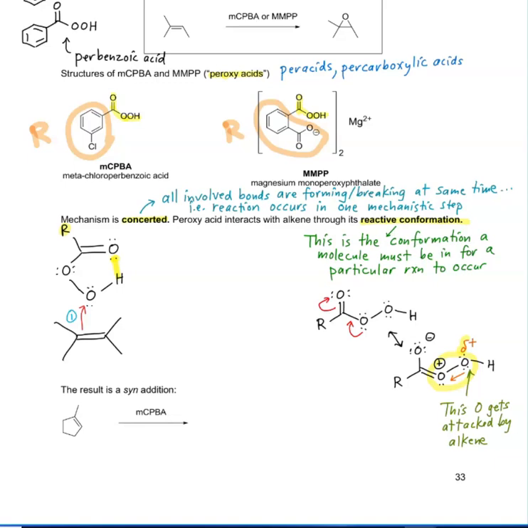That causes the electrons between the two oxygens to move away, and so they're going to move over here. So they break and start moving toward the carbonyl oxygen. That causes the pi bond to break, so that's the third arrow.